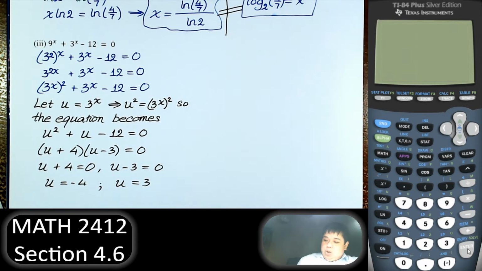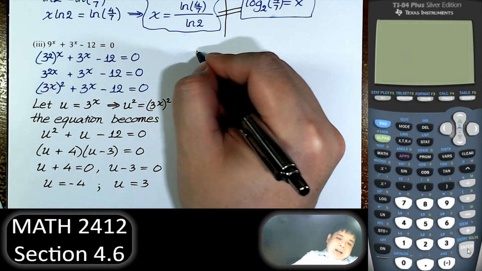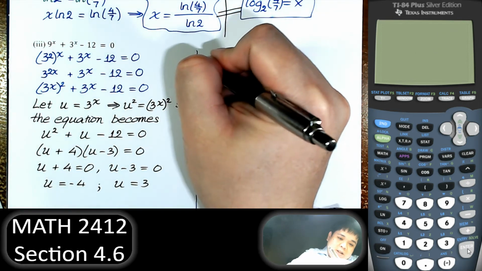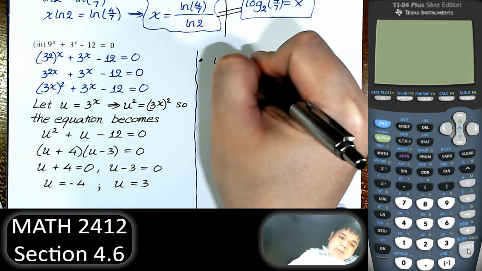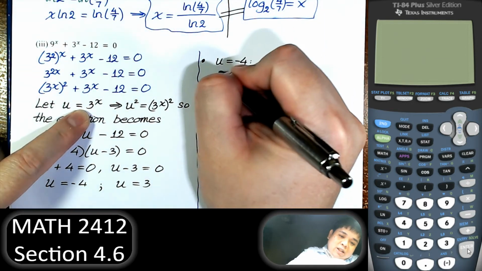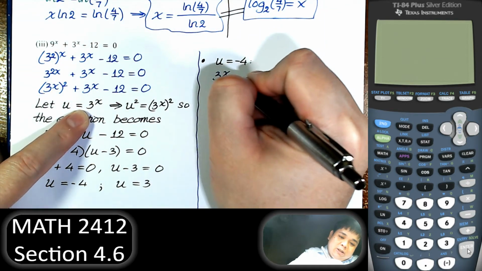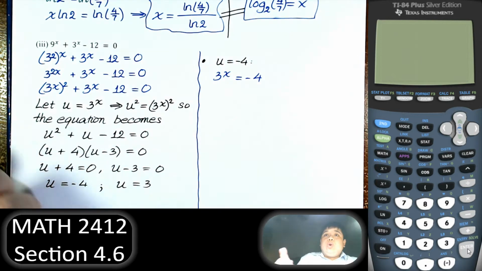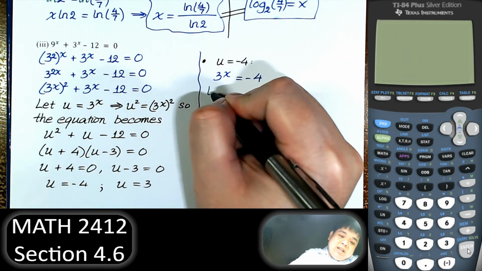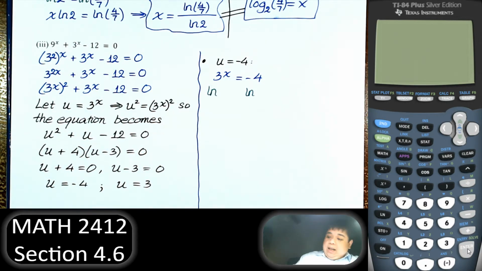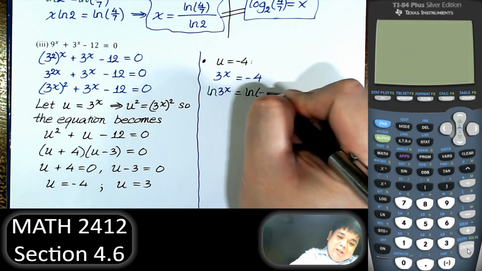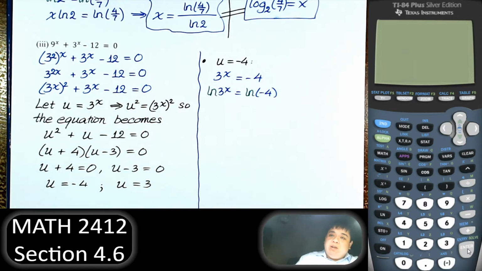Right, so we solved for u. Now we can go back and solve for x. First, u equals negative 4. u is 3^x. Right, we could go further and solve for x with different bases. Take ln on both sides, and the first step fails already, because this one is undefined.